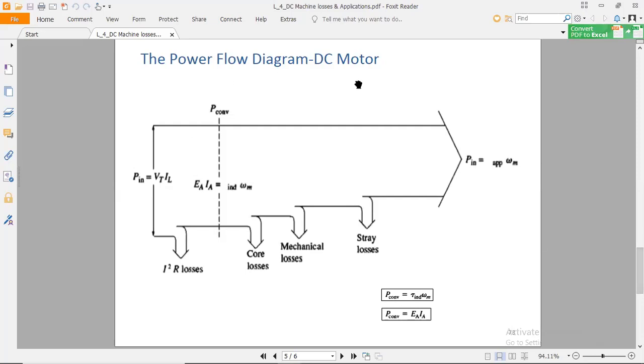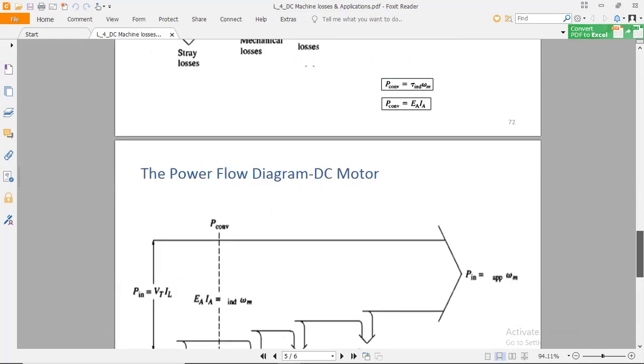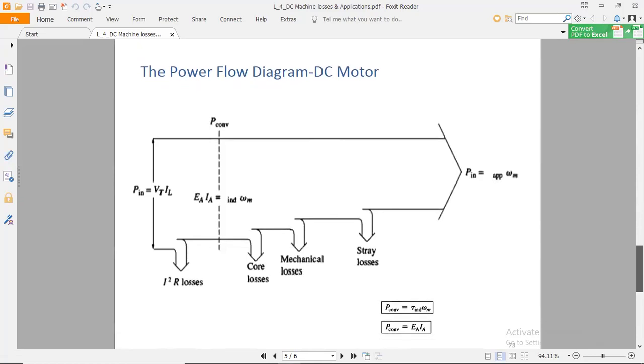The power flow diagram of DC motor. Before that we discussed the DC generator, and now we are discussing the DC motor power flow diagram. Incoming power P in equals terminal voltage times line current.